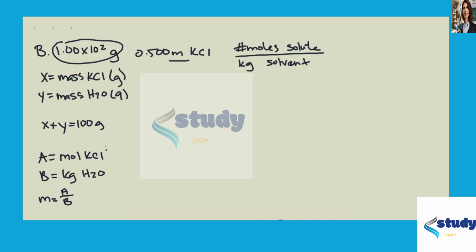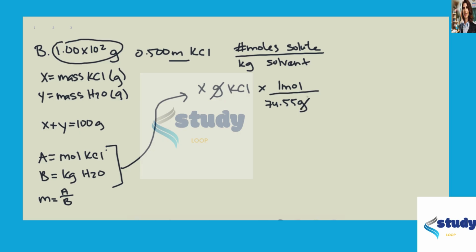So we can take this part first and do a little conversion by using the molecular weight of potassium chloride. We want X grams of potassium chloride, and we know that 1 mole is 74.55 grams. That gives us X over 74.55.